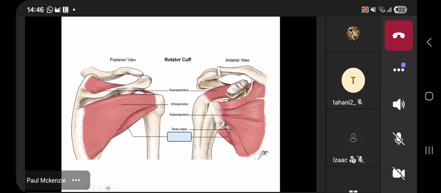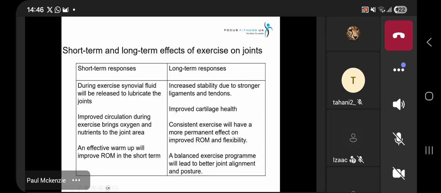Subscapularis is on the anterior side of the scapula, and then the teres major and teres minor. Remember, major is not a rotator cuff muscle, but the teres minor is. Okay. Can't remember if that comes up in the workbook, but if it is, you have the presentation to remind you.